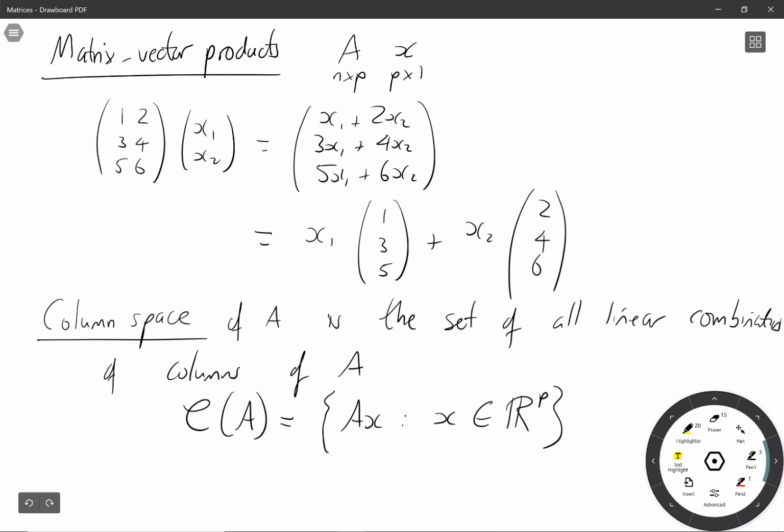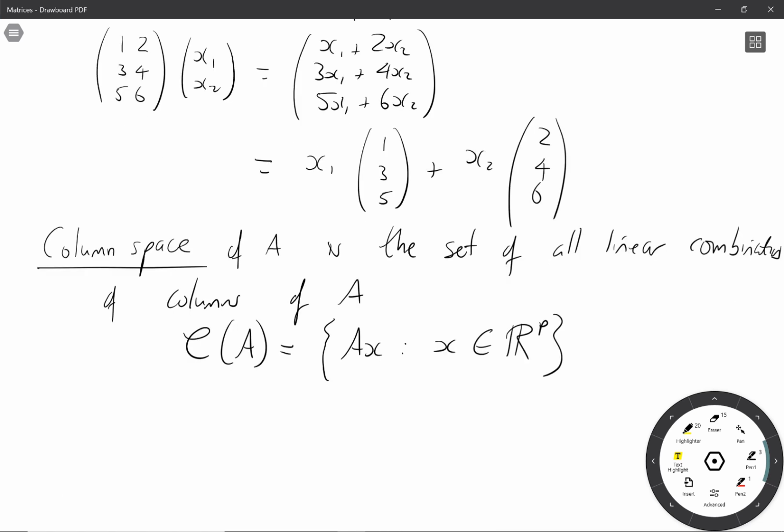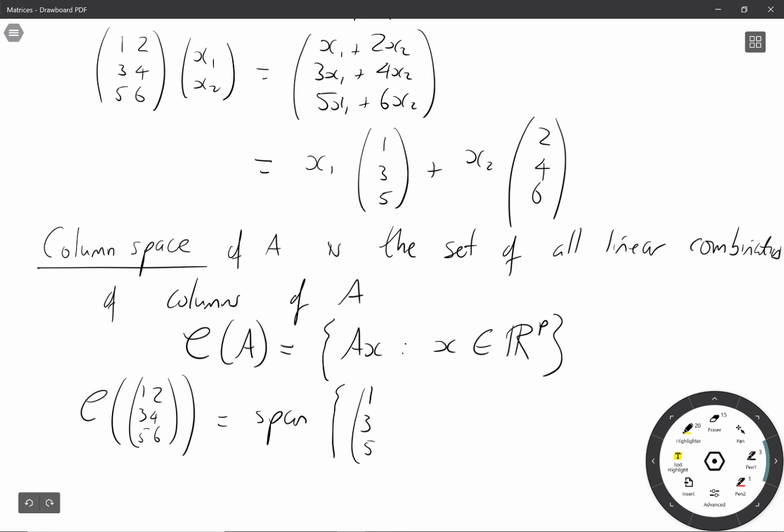So it's a set of all linear combinations of the columns of A. So for the choice of A above, the column space of the matrix 1, 2, 3, 4, 5, 6 is just the span of the vectors 1, 3, 5 and 2, 4, 6.